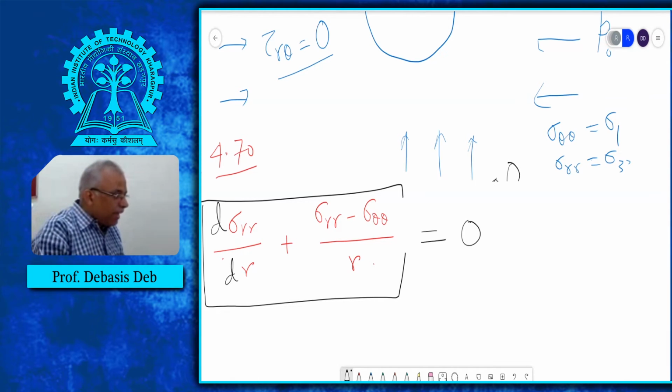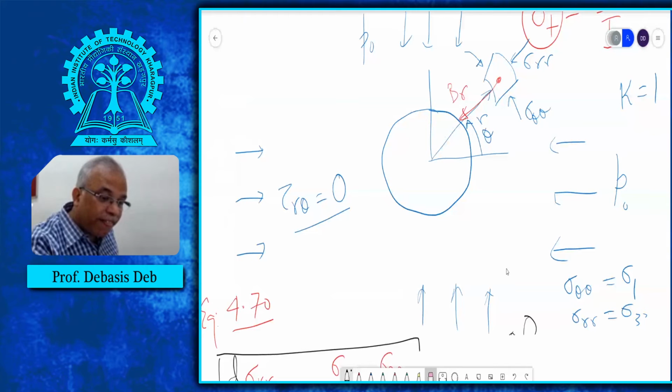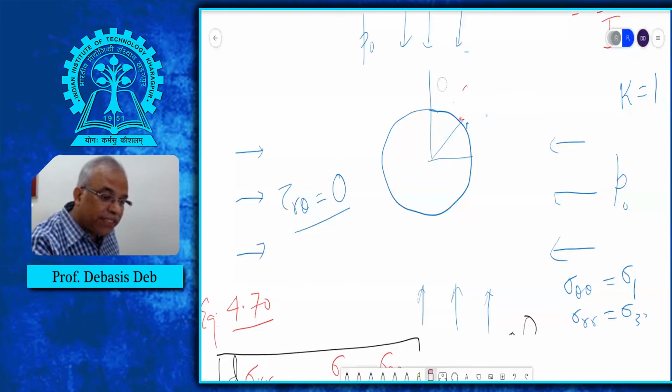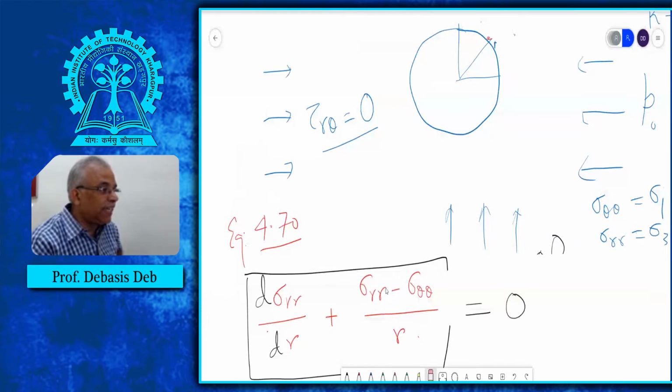Now I come down to the failure mode around this circle. I'll show you how it will fail. Let me delete a little bit on this side. Because this equation is now theta independent, you can see there is no theta here, it is completely theta independent.